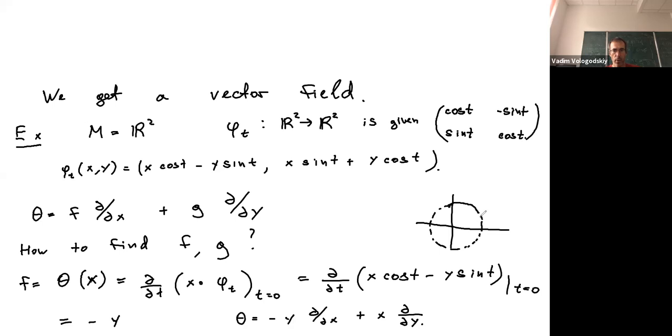I pick a point P and I start applying these elements of this group, phi sub t, to it. Because we have a geometric interpretation of phi sub t as a rotation, the trajectory of point P as time goes is going to be a circle centered at the origin, passing through point P.